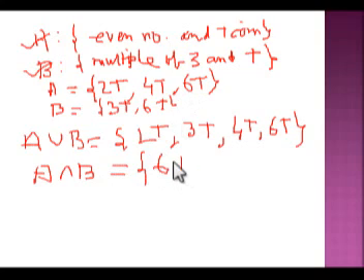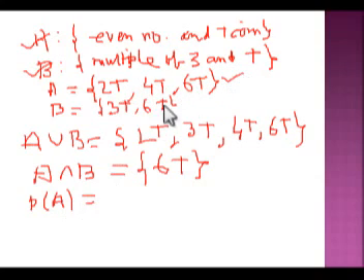So now we will find the probabilities of all the events. So what will be the probability of A? Probability of A has total number of members, you can see there are 3 elements, and the total number of outcomes is 12. So 3 by 12, this will be the probability of A. So this is 1 by 4. Now what will be the probability of B?